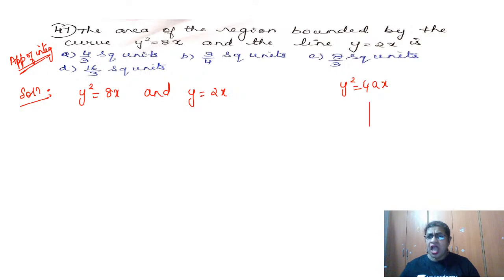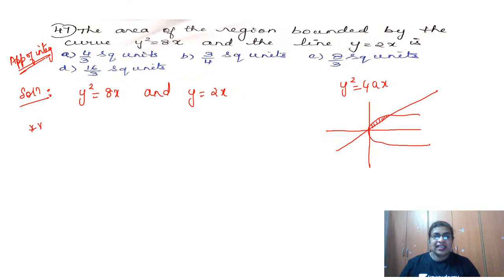Which variable, x or y, is having power 1? x. And where is x positive? Right side. So the parabola will turn towards the right side. So this is your parabola. And y is equal to mx, suppose you are having this line like this. So you have to find this shaded region. Now, I have a shortcut for you.